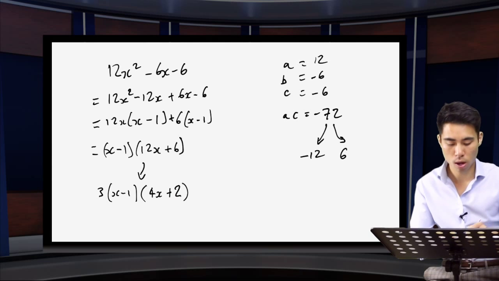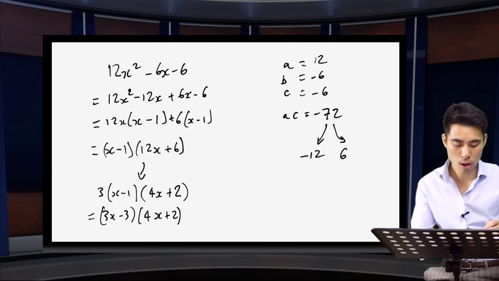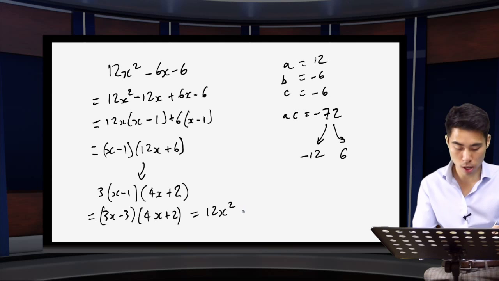And just to verify, what happens now if I were to expand this first set of brackets, in other words, incorporating that 3 into that set of brackets: 3x minus 3 there, and 4x plus 2. When we expand this out, you'd expect us to get back to that original expression. So 3x times 4x does indeed give me 12x squared. 3x times plus 2 is plus 6x.